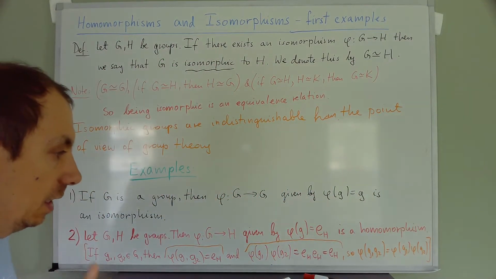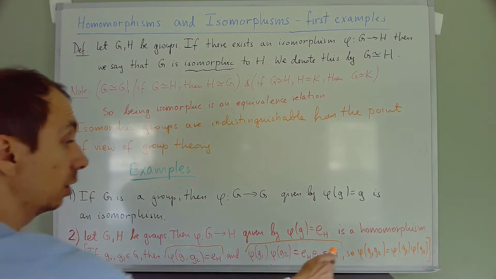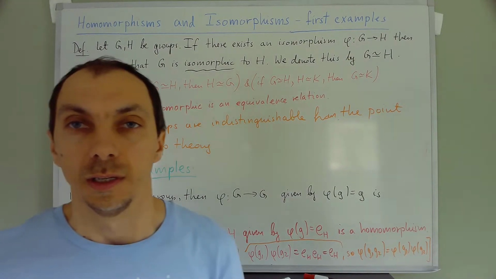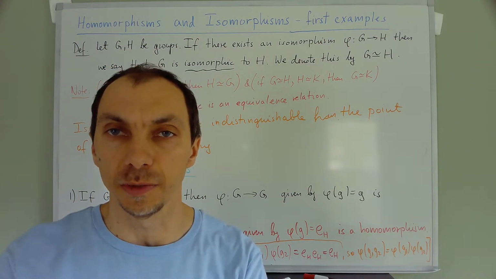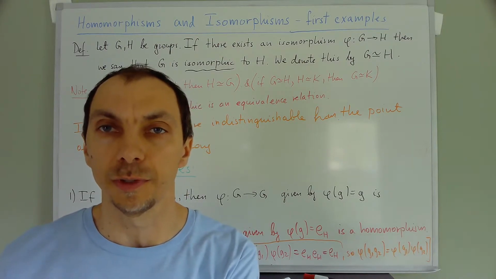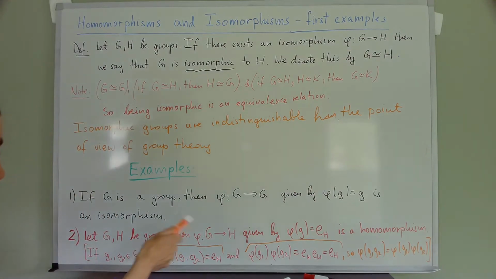It's actually usually easy to show that something is a homomorphism, if it is, because it's just checking this one condition. If I multiply before applying the homomorphism, is it the same as if I apply the homomorphism to the elements separately and multiply after? In this case it is.